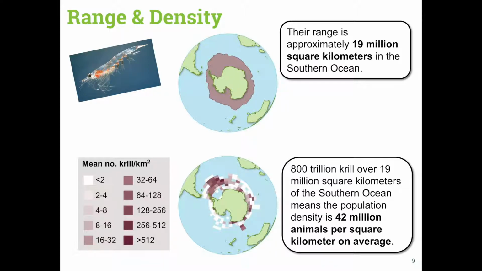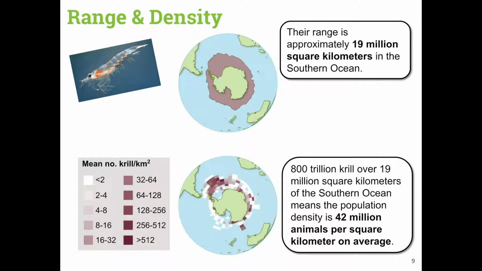So we have population size, and we have its range, the space where that population would be found on Earth. The range of any species reflects the range of climates a population can tolerate and determines how many other species the population encounters. And that brings us to the next characteristic, population density, which is defined as the population size divided by its range. Density is how compact things are.